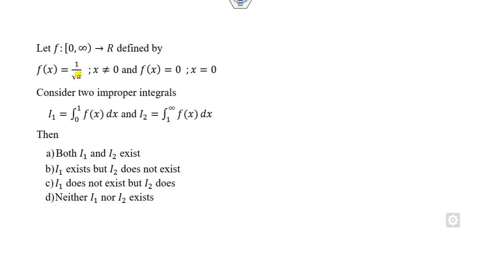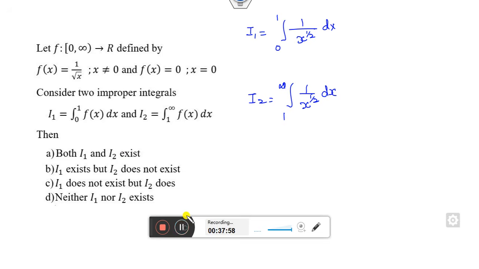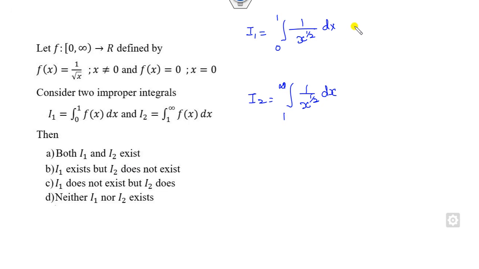Okay, the function is defined here. Consider I1 is 0 to 1 of x to the power half, and I2 is 1 to infinity of x to the power half. Then which of them exist? You can see that this is convergent by the p test.